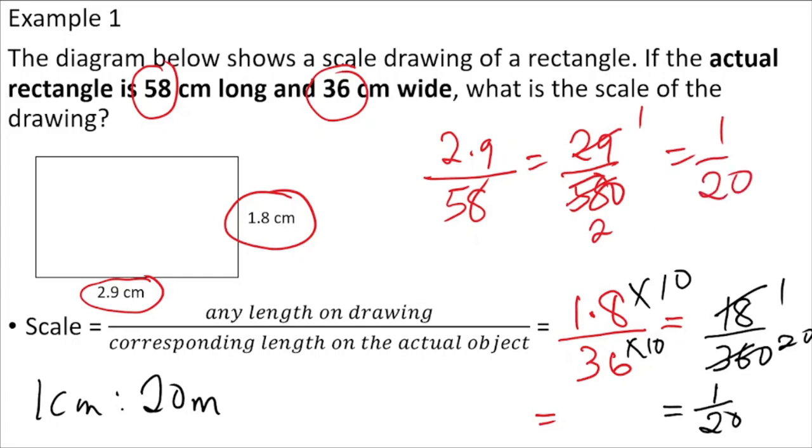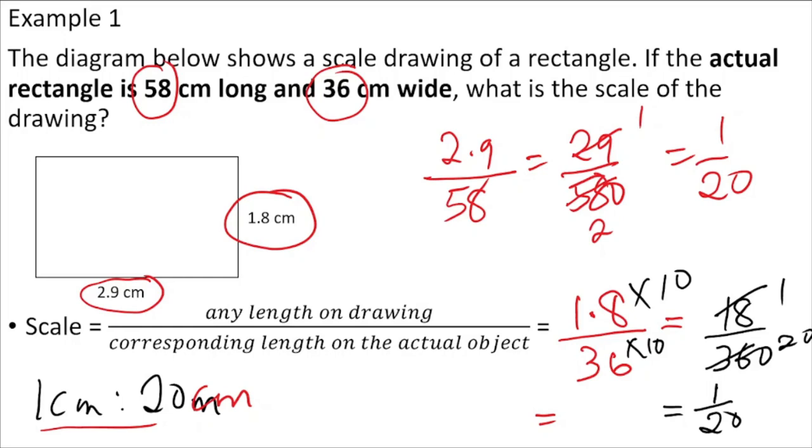You can see it's the same thing. So the scale used to draw this object is 1 centimeter to 20 centimeters, meaning that 1 centimeter on this drawing is representing 20 centimeters on the actual object. I hope this is clear.